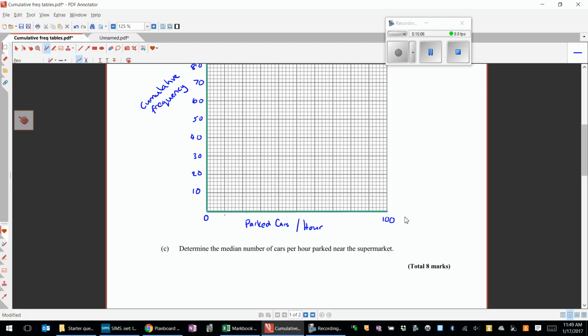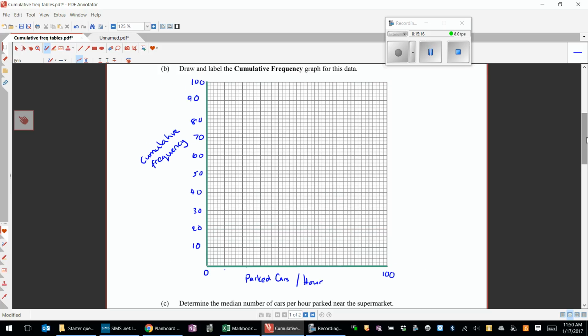So, to draw our cumulative frequency curve, we need to put our values in. So, how many times were there less than 0 cars? How can there be less than 0 cars?